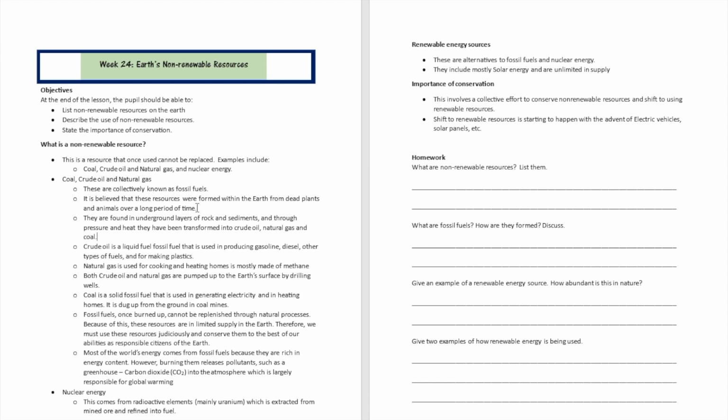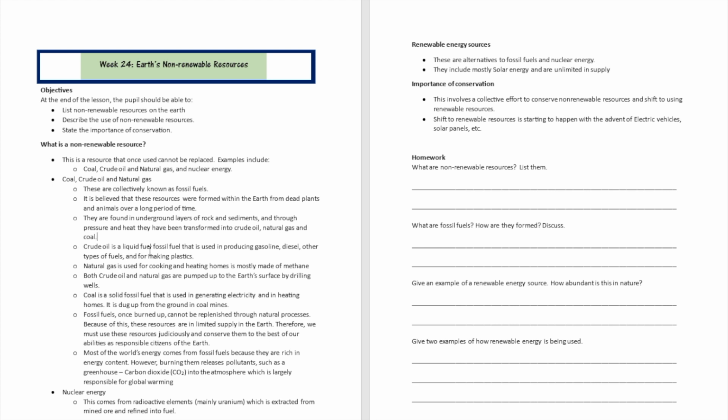Because the science community believes that these were formed within the earth from dead plants and animals over a long period of time. They are found in underground layers of rocks and sediments, and through pressure and heat have been transformed into crude oil, natural gas, and coal over the years.